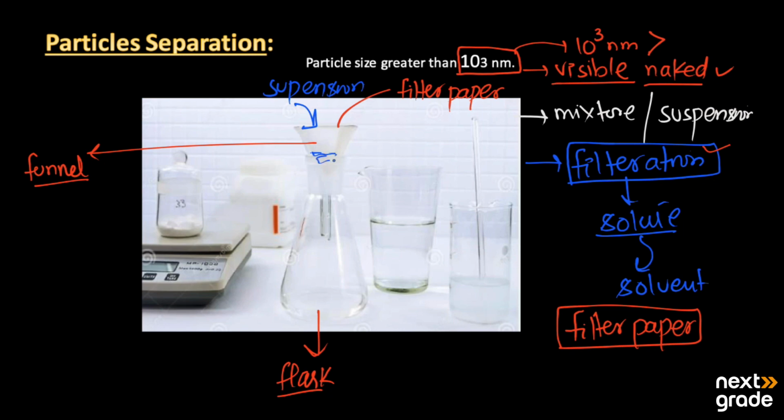Then the solute particles will remain on the filter paper, leaving the solvent behind. So we can separate the suspension particles by filtration. And why can we separate them? Because the particle size is 10 raised to the power 3 nanometers, which is large enough to be seen by the naked eye.